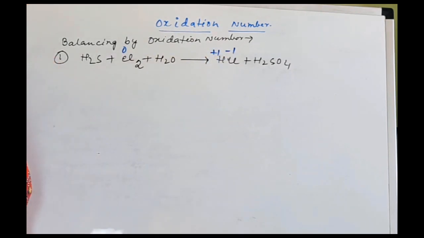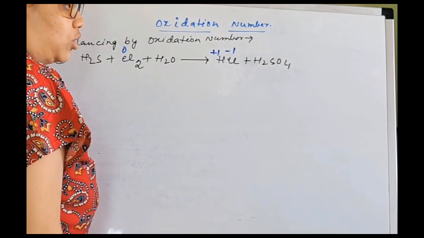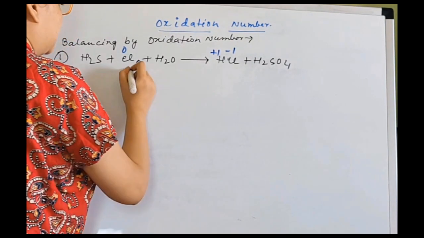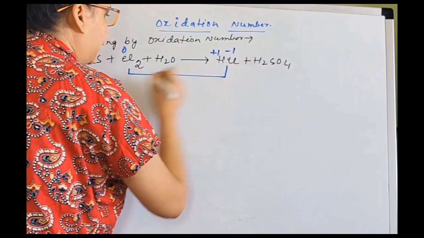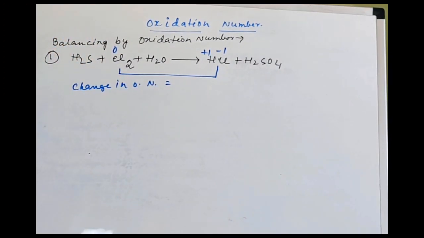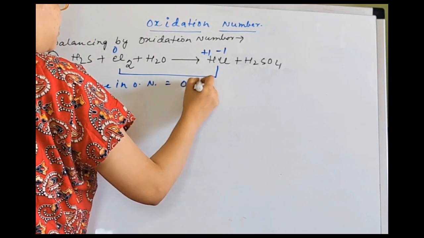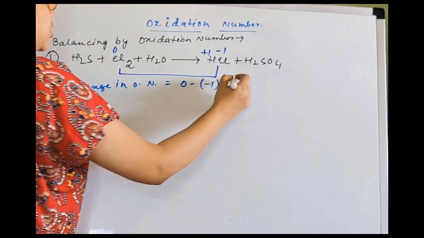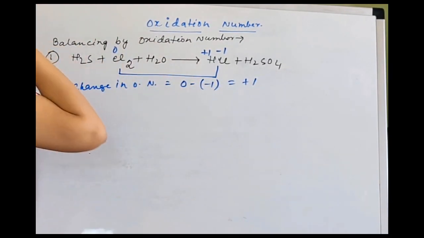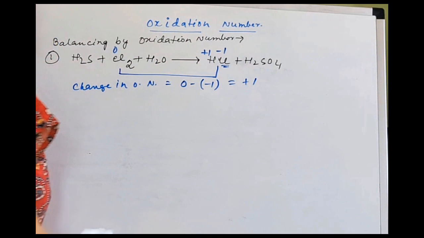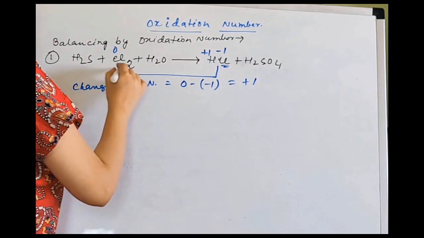This one is hydrogen, so the chlorine has to be minus 1 for making it 0, for nullifying the whole ions. So here the change in oxidation number is 0 minus of minus 1, so it is plus 1, but it is considered for one chlorine atom, but here there are two chlorine atoms.